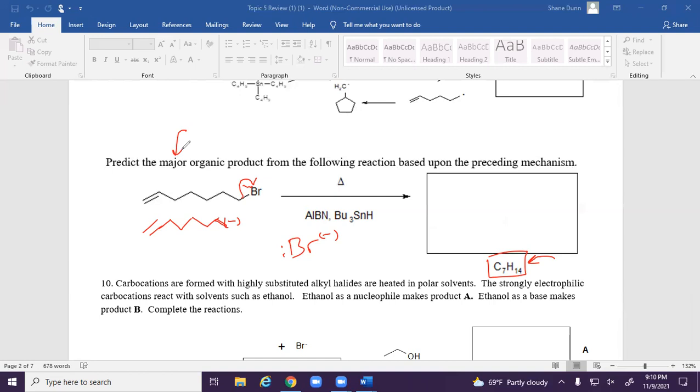It has 6 carbons that form a ring. Hexane. Form cyclohexane and put an extra methyl group. That is your major product.